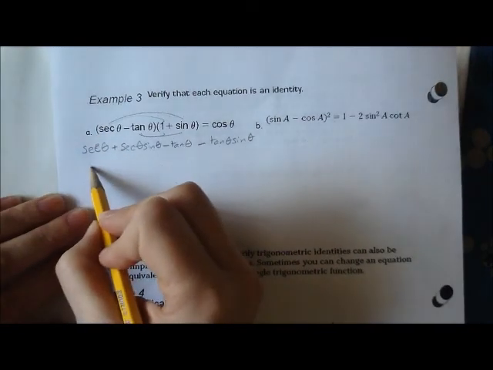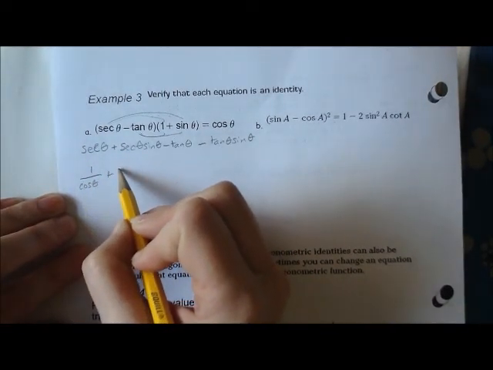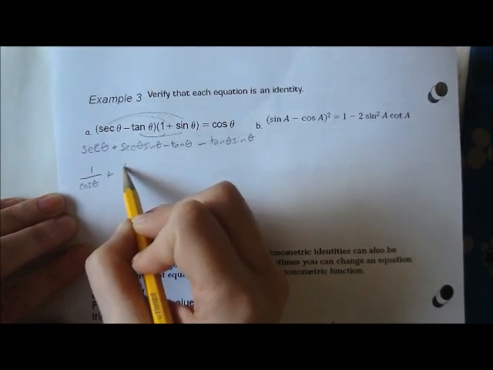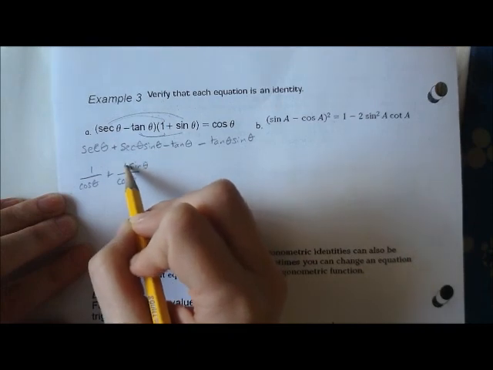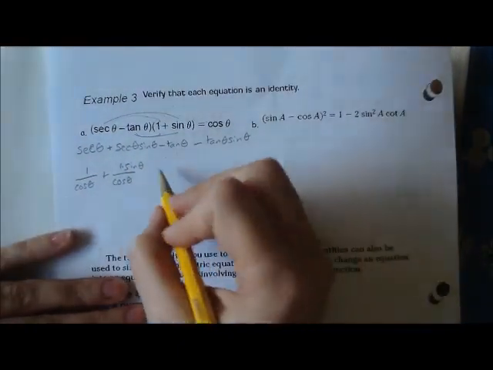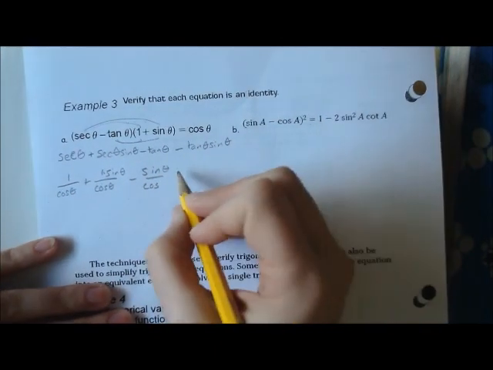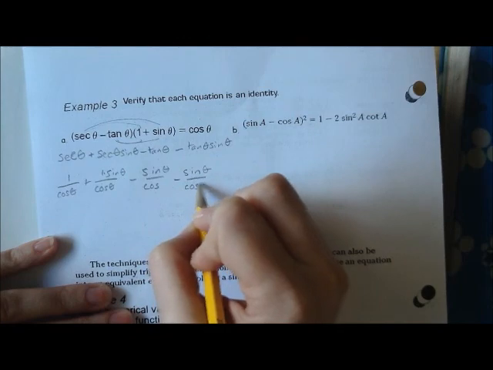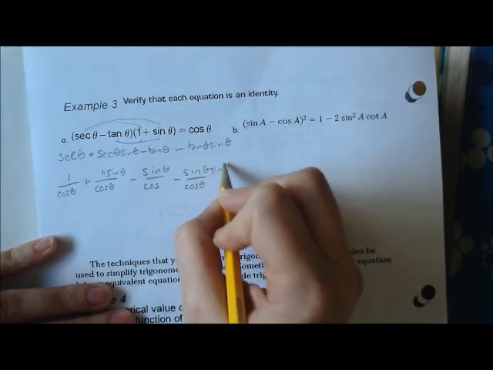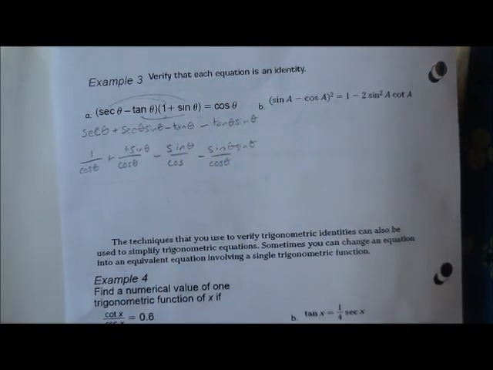Now I'm going to rewrite everything in terms of sine and cosine. This is 1 over cosine. This is 1 over cosine times sine, so that's just sine over cosine. This is sine over cosine. And this is sine over cosine times sine. They've all got the same denominator, so I can add them together.